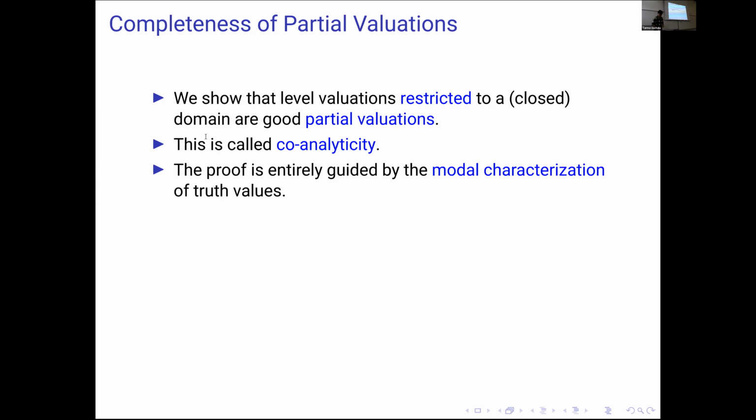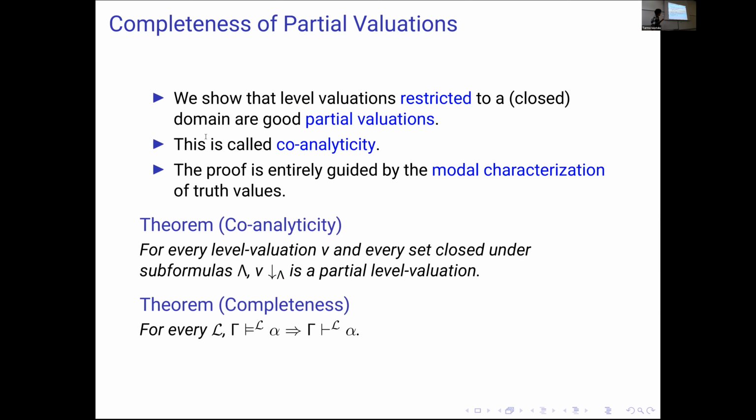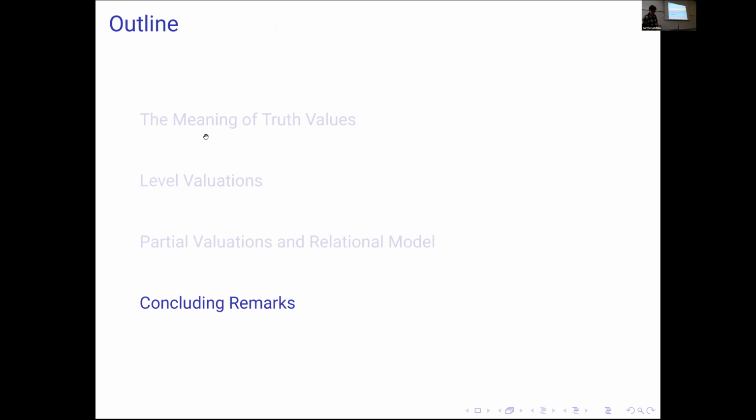And then using that, and again, this proof is entirely guided by the modal characterization. We look at the values, and then we get the characterization function, and then we got the coanalyticity theorem. And from coanalyticity, we prove that every level valuation, if you do the projection to a closed subset, is a partial valuation. It's a good valuation. And then using that, we get the completeness of the evaluation of all these logics, of this procedure.